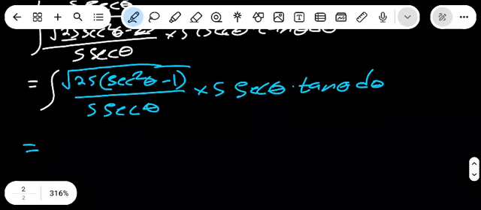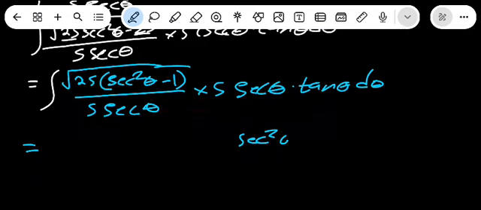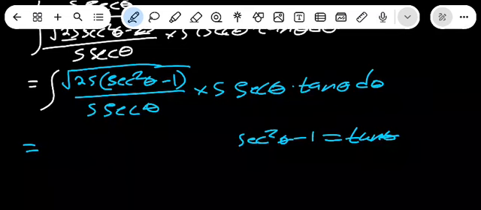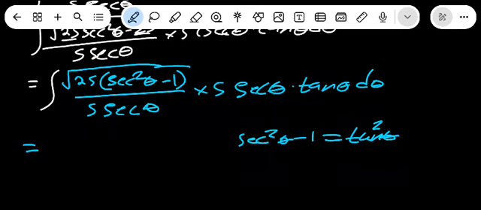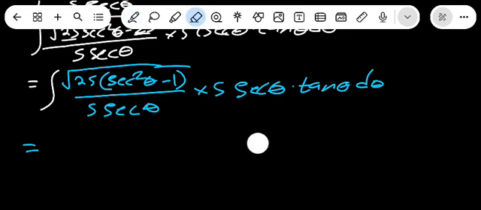So we know that secant squared theta minus 1 must be equal to what? To tan squared theta. Using this trigonometric identity, we'll substitute that.